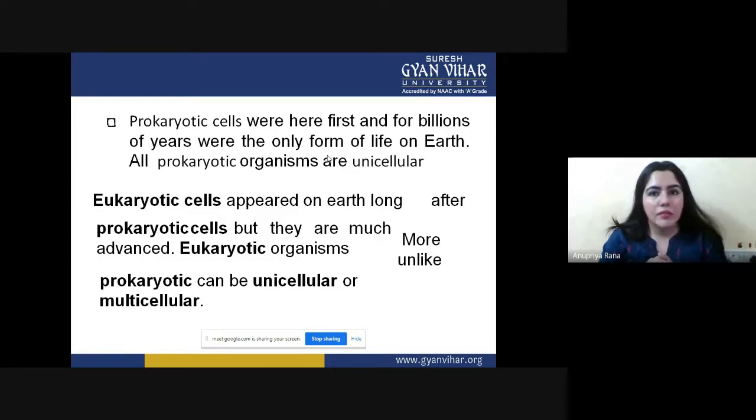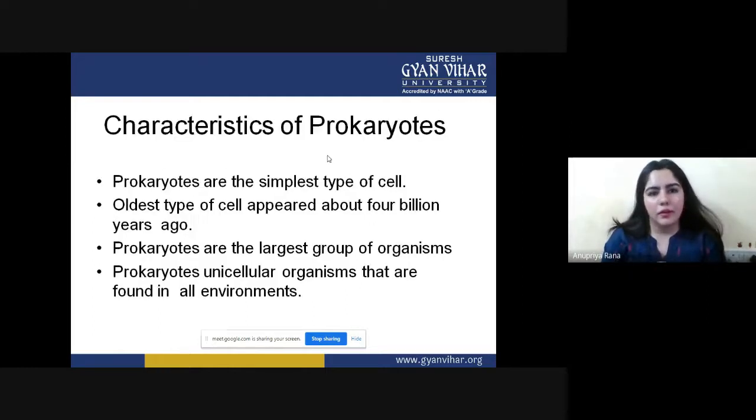Prokaryotes are only unicellular, while eukaryotic cells can be unicellular or multicellular. Despite all these differences, there are also some things in common, but there are huge differences between prokaryote and eukaryote cells.